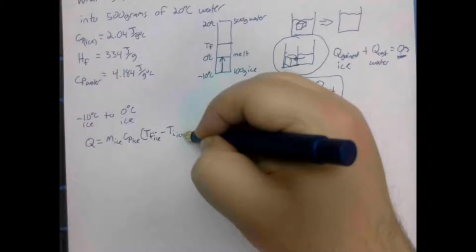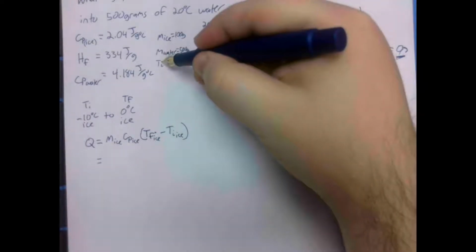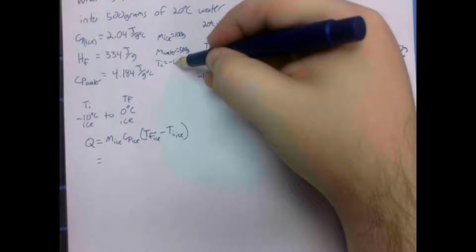So solving this out, we have mass of ice, it's 100 grams. Mass of the water is 500 grams. Initial temperature of ice is negative 10 degrees Celsius. And the final temperature of the ice is going to be 0 degrees Celsius. And let me make sure to put subscripts, not to confuse it with the final temperature.